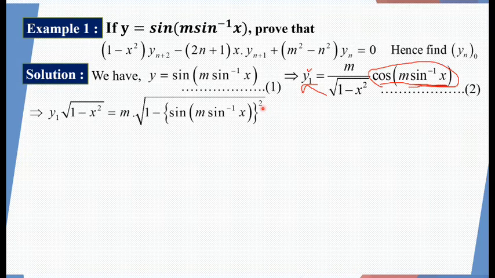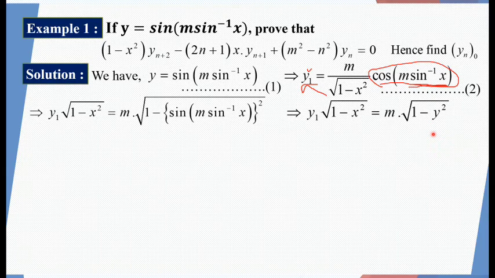So cos theta equals square root of 1 minus sin square theta. But this sin(m sin inverse x) is y, so we can replace it. So after replacing, we get y1 square root of 1 minus x square equals m square root of 1 minus y square. Now the second condition exists here.